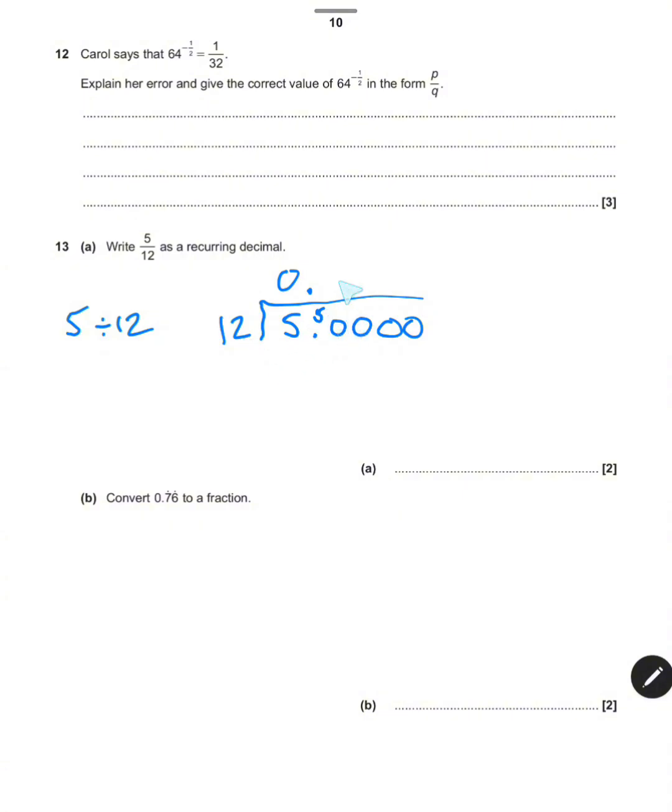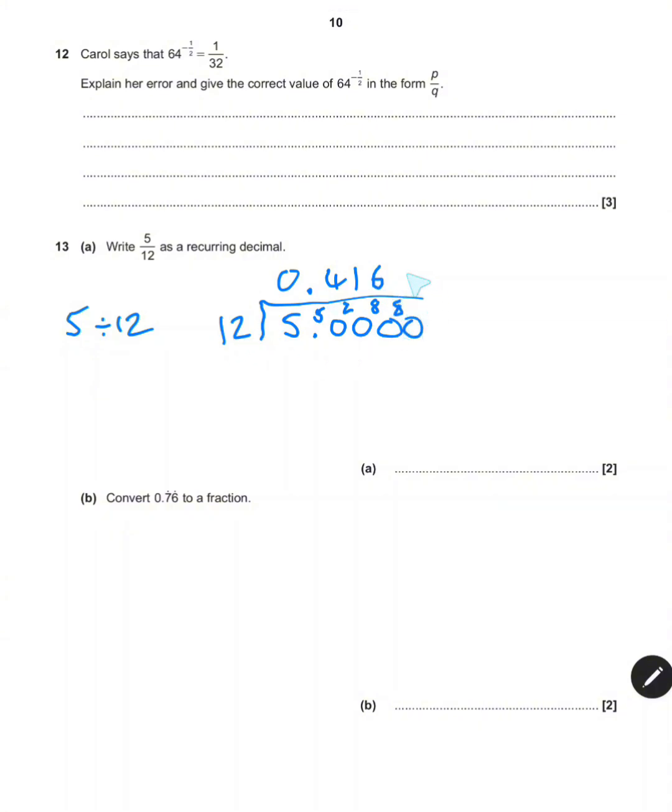And now we're looking at 12s into 50. Well, 4 12s are 48, so that would be 4 remainder 2. 12s into 20, and I think that's just 1, remainder 8. 12s into 80, well, 6 12s are 72. So I think that is 6, remainder 8.